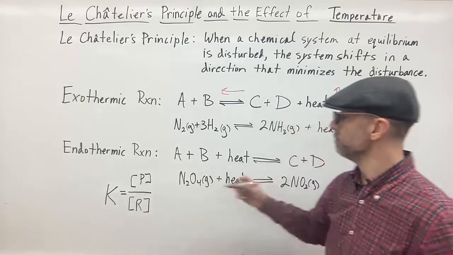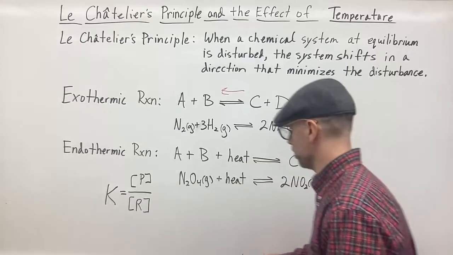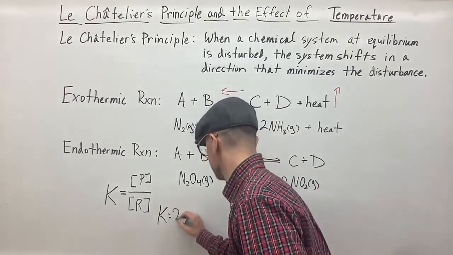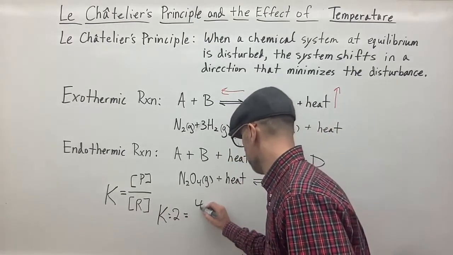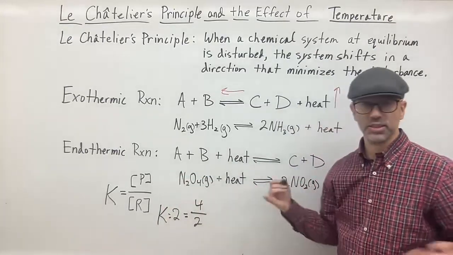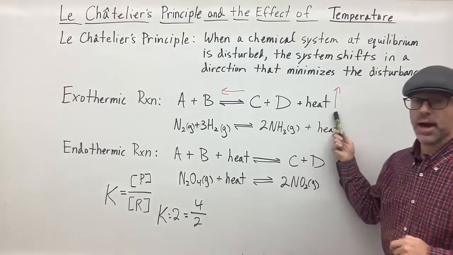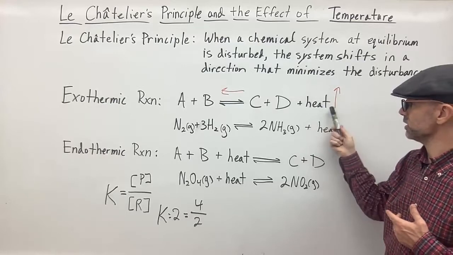So again, for the sake of argument, let's say that the K value is equal to 2 and our initial concentrations were 4 and 2 for our products and reactants. Let's just say that's what we started with. Simply by changing the temperature, if I increase the temperature, I'm increasing the heat.